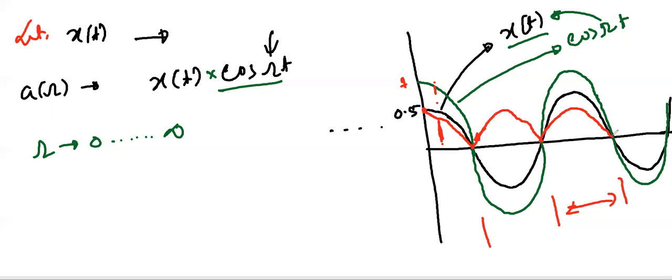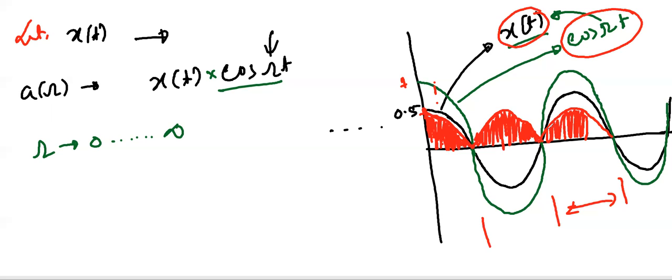Since x(t) and cos(omega t) are both continuous, of course we'll get continuous values, the continuous red lines over there. What we are doing is multiplying each and every point of x(t) and cos(omega t) for a particular value of omega. Okay, nice.